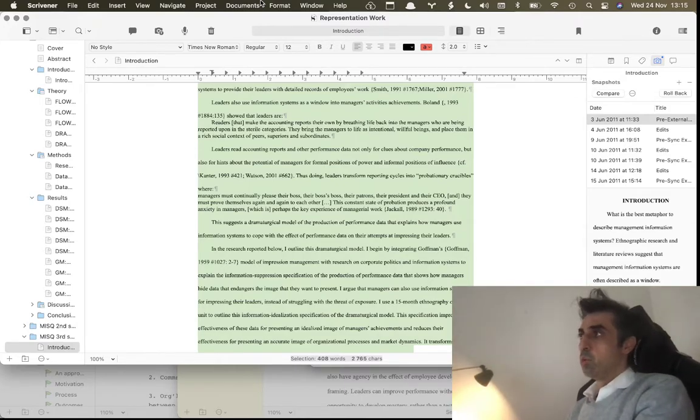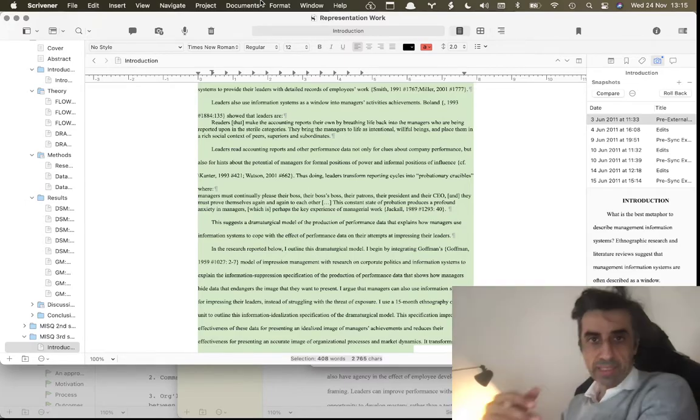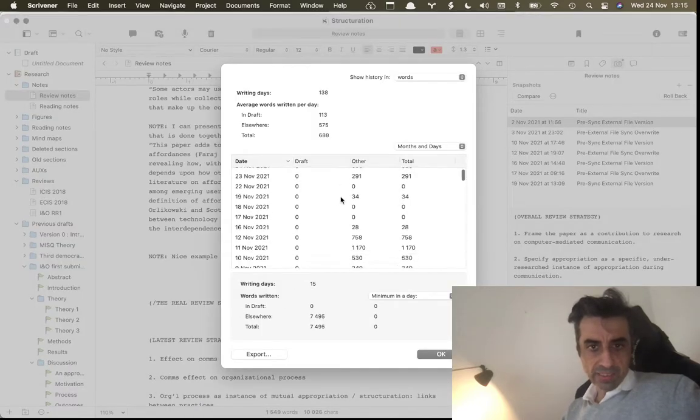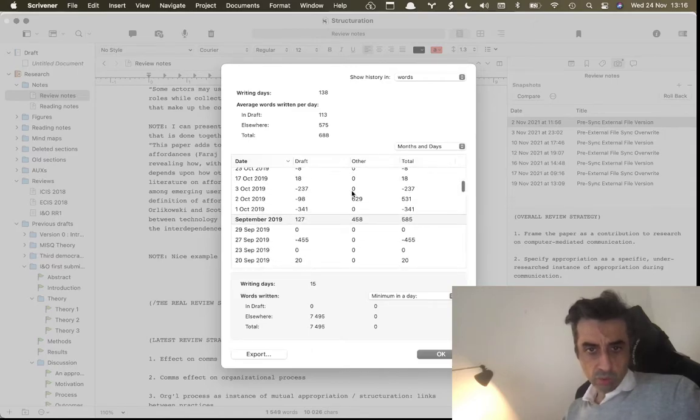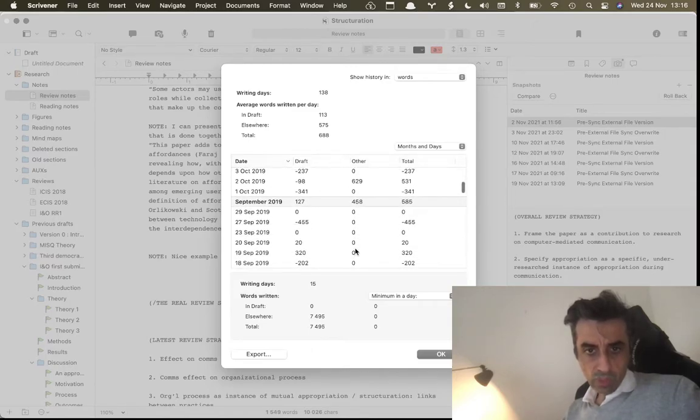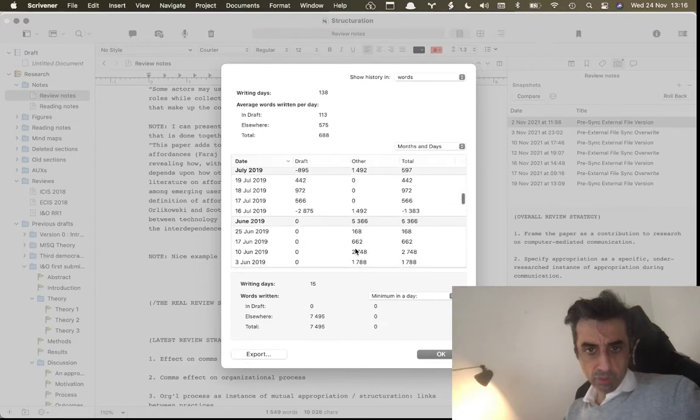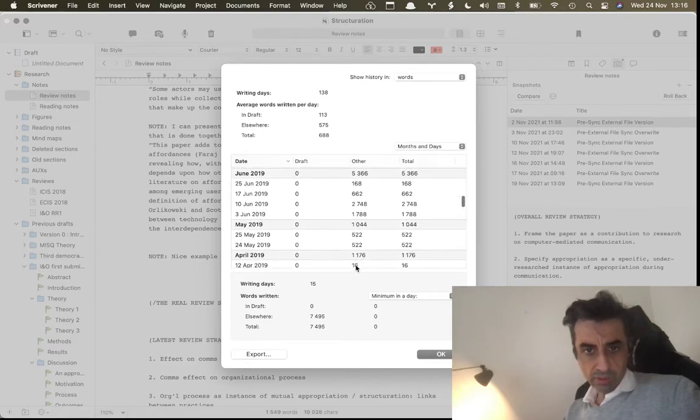I also would encourage you to look at this cadence. So let's go back to the original paper. At this cadence between writing on the draft or writing on the paper and actually thinking about and writing notes, right? So you'll see here I have periods where I'm only drafting and only making notes.